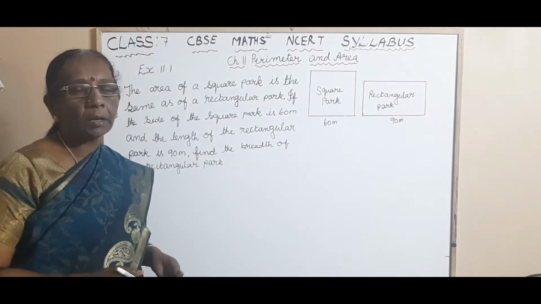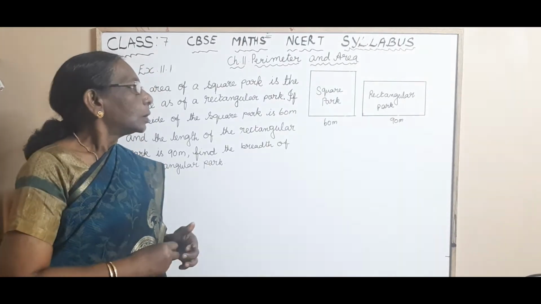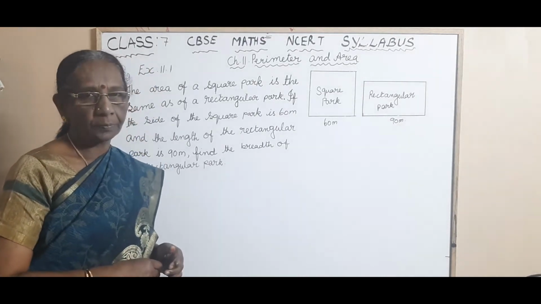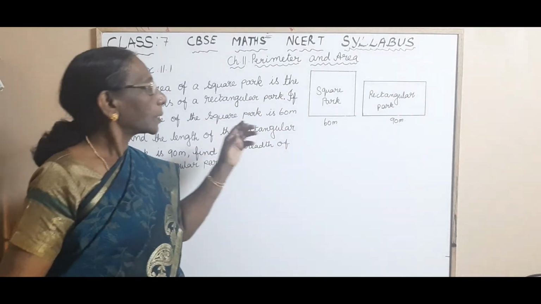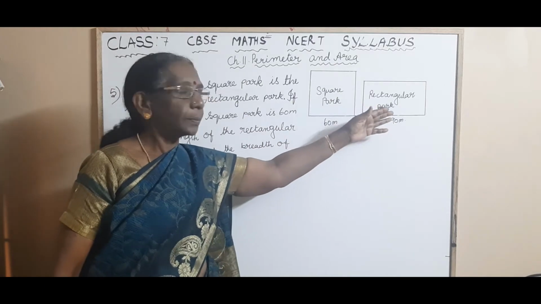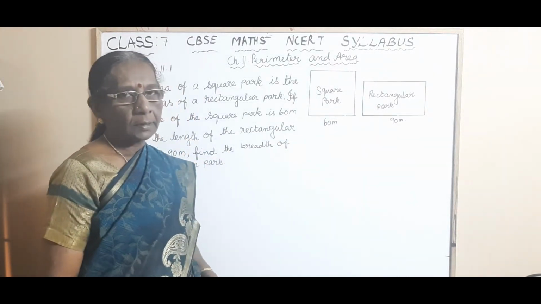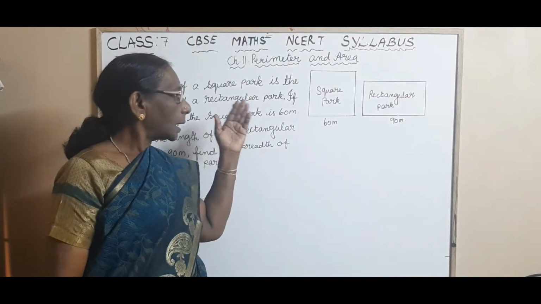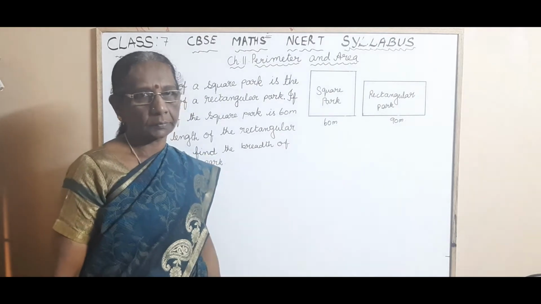So what's the meaning of the question? We have two parks, and the shape of one park is a square and the shape of the other park is a rectangle. And it is given the areas of both parks are the same.